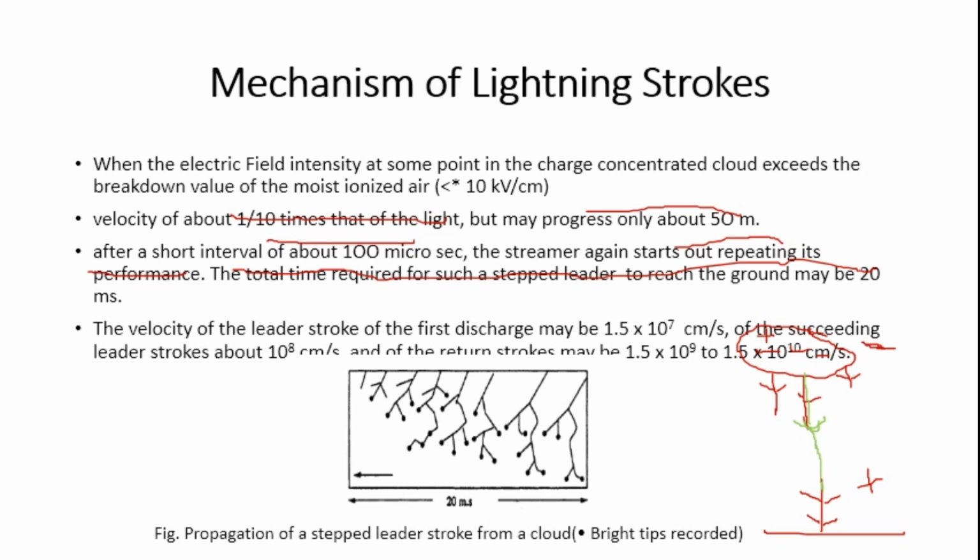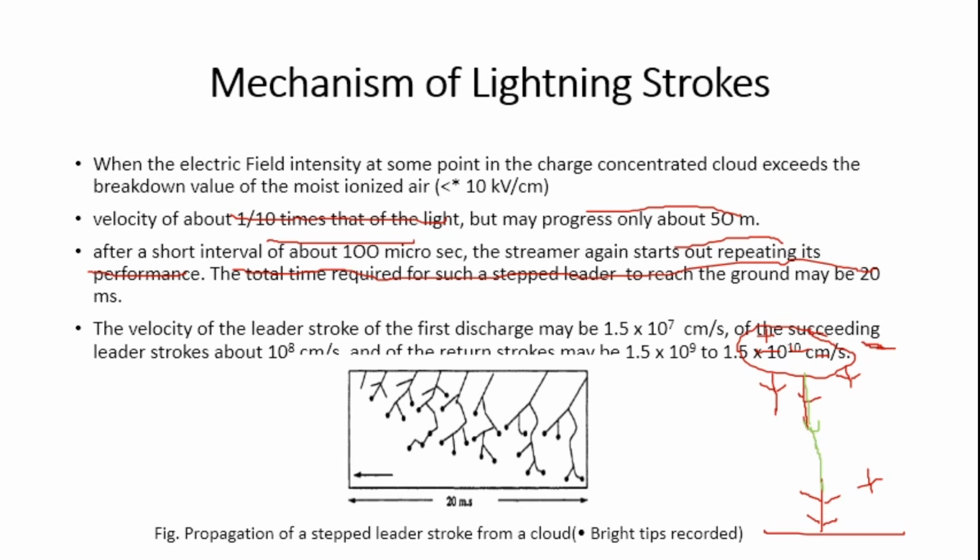So lightning consists of a few separate discharges, which start from leaders and culminate in return strokes or the main discharge. This is what we understand here.